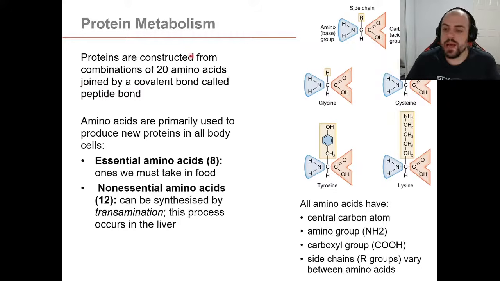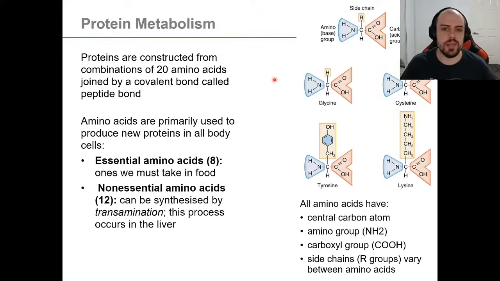Now, protein metabolism. Again, we were talking about this before. What we are looking at here is an amino acid, which is drawn incorrectly. That should be an NH3, and that should be O-. But anyway, these amino acids have three things in common.